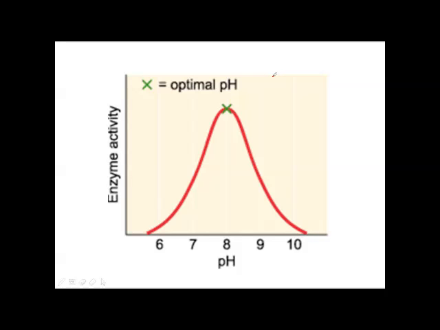Here we go. Nice, easy graph. So over here we have denaturation of the enzyme, and on this point over here we have the denaturation of the enzyme as well.